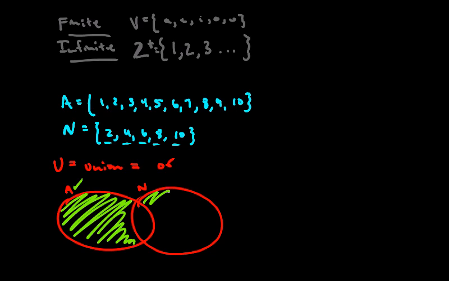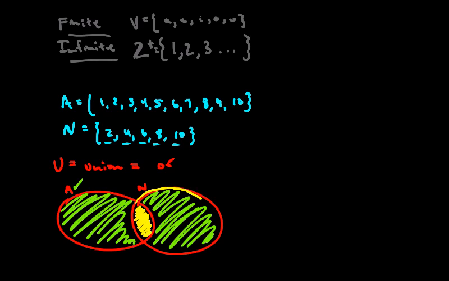The numbers that are here are also in A or N. They happen to be in just N, but that's still a true statement. Now, what about these numbers in here? Well, they are in N, and they're also in A, but this is still a true statement that these are in A or N. They just happen to be in both.